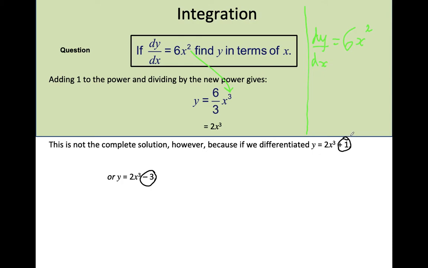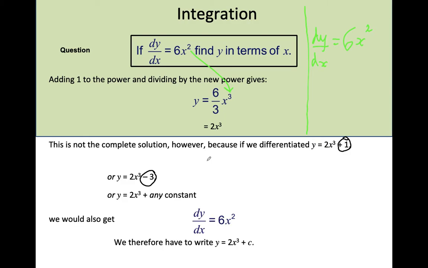Therefore, when you integrate something, you're not taking into consideration this constant. So our answer should actually be 2x cubed plus any constant, because we don't know whether there was a number in the original function. There might have been no number, and that's fine. So we would actually write our answer as 2x cubed plus c.